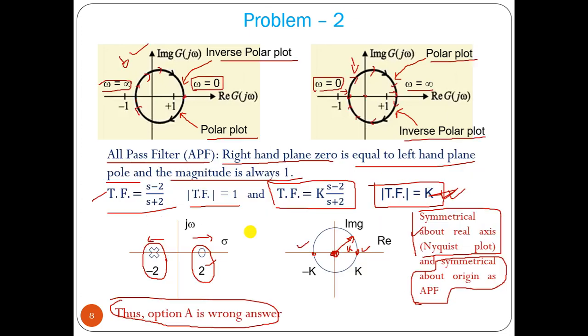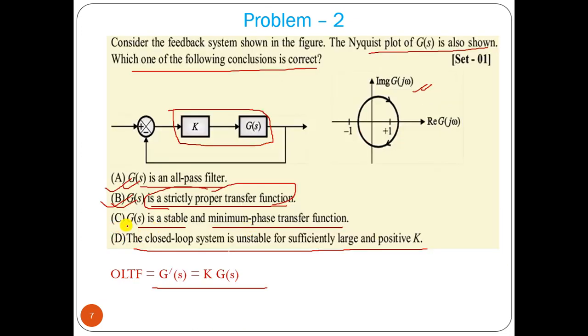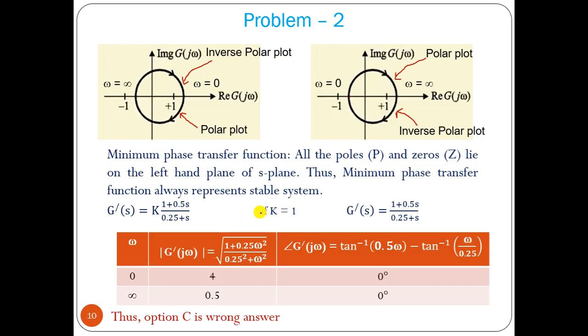Now for the third case, G(s) is a stable and minimum phase transfer function. Let us discuss the minimum phase transfer function. When all the poles and zeros lie on the left half of the s plane, that is called a minimum phase transfer function.